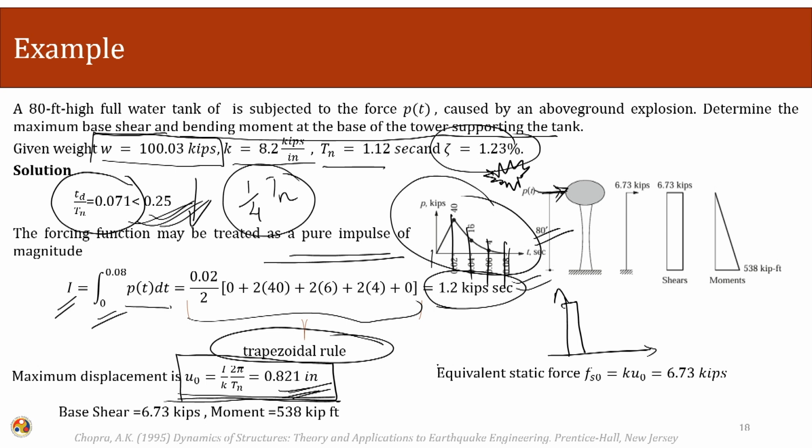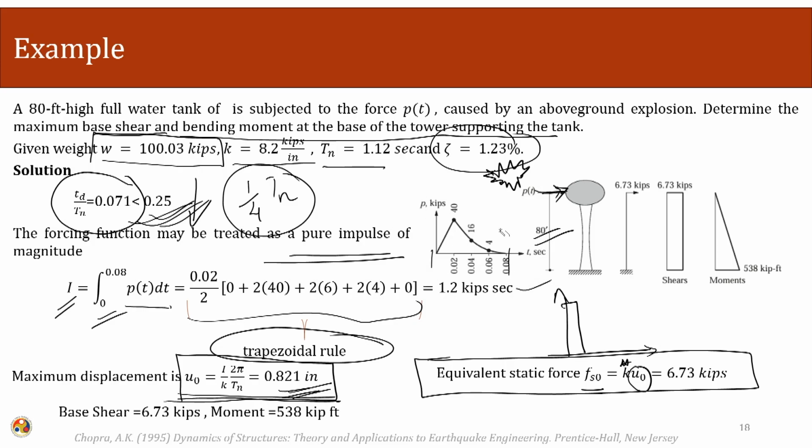Then we use the equivalent static force that we have already shown. Our equivalent static force is k star times the u dynamic we calculated, so we got our equivalent forcing function. First we have the profile of the blast loading.